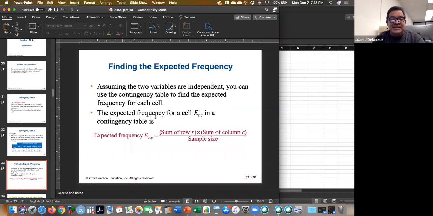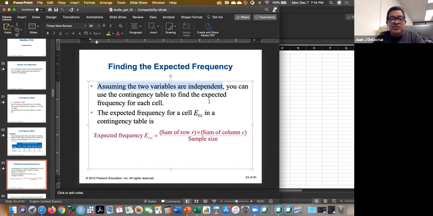So in this case, to find the expected, that's gonna be, not very difficult, but it takes a little bit of time to figure this out. So assuming two variables are independent, you can use the contingency table to find the expected frequency for each cell. So the expected frequency, remember in the previous case, was the sample size times the probability at this particular point.